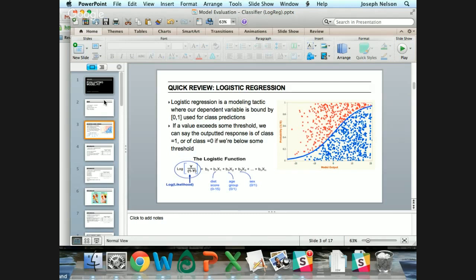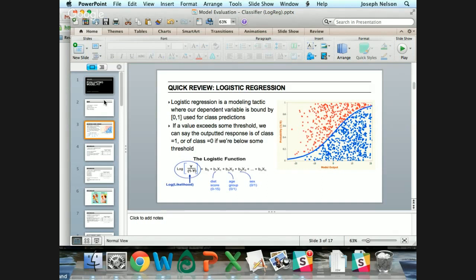An example of what this would look like plotted is something I've included here, where our model output is predicted to be either one of these values or the other value, 0 or 1. Critically, even though our sample space is bound by 0 to 1, we do not only output values equal to 0 and 1. We receive values that are between 0 and 1.